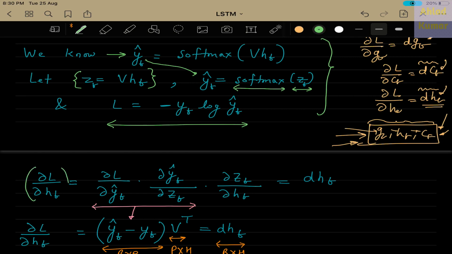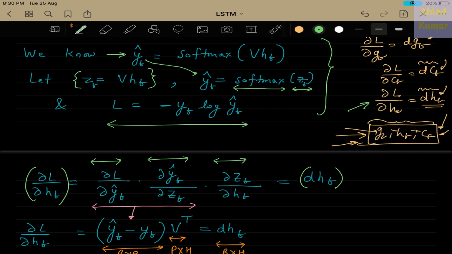Now if we want to calculate the derivative of the loss with respect to HT, which we are also calling dHT, we have to apply the chain rule. First we calculate the derivative of the loss with respect to the output, then the derivative of the output with respect to ZT, and then the derivative of ZT with respect to HT.